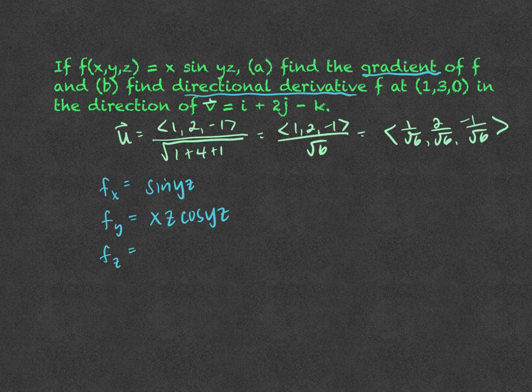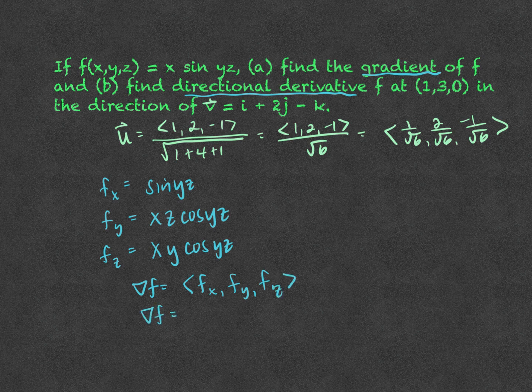And then your partial with respect to z, we're going to keep the x. The derivative of sine is cosine of yz. The derivative of yz with respect to z is y. So that means that we can say that our gradient is equal to the partial with respect to x, the partial with respect to y, the partial with respect to z.